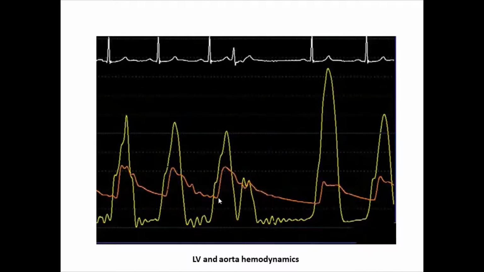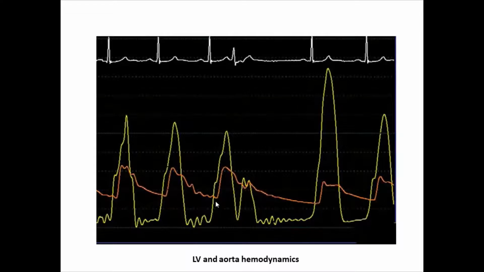We said that there is a decrease in the aorta. Increase in the gradient, meaning the increase in the gradient is due to decrease in the aortic pressure and increase in the LV pressure at the same time. Yes, you are absolutely right. But now I'm asking about pulse pressure in the aortic tracing.